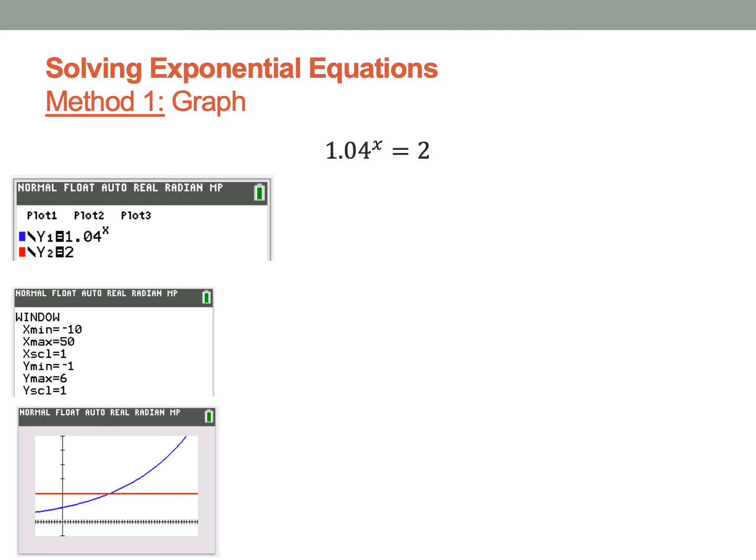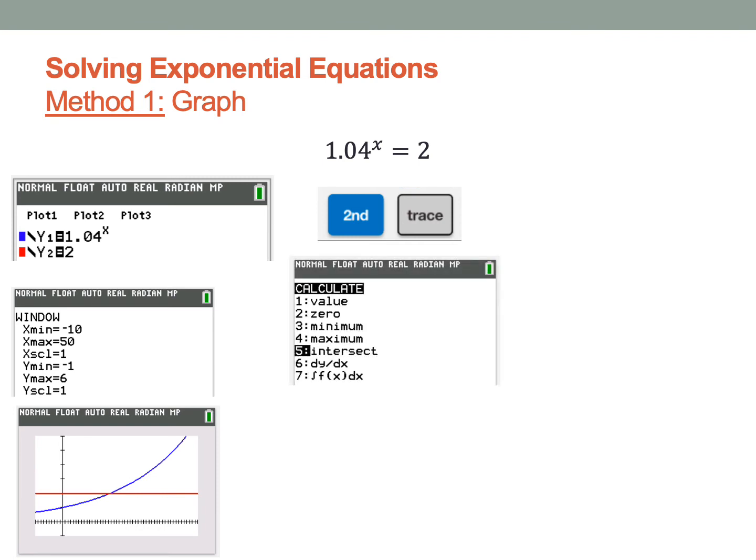I can see my point of intersection there. That's what you're trying to find, and the x value of your point of intersection will be your answer.